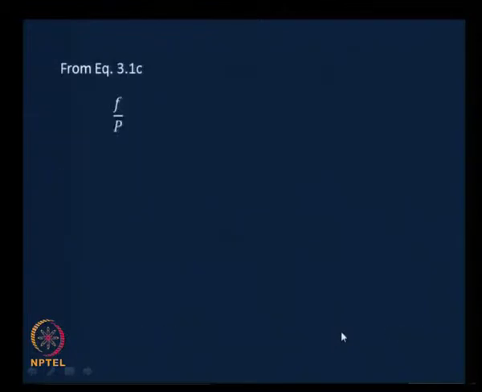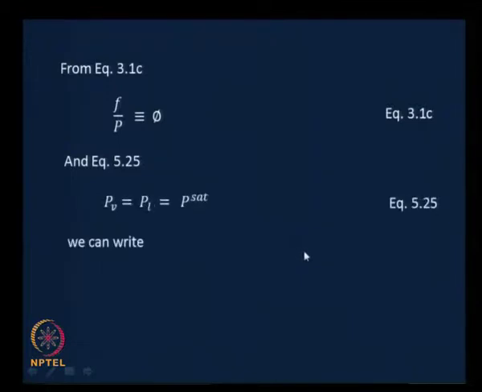From this and just the definition of the fugacity coefficient, we could write a relationship between the fugacity coefficient and pressure. Phi V Pv equals F sat, or in other words phi sat, phi V is nothing but the value at the saturated value under the conditions of vapor liquid equilibrium. Phi sat P sat equals F sat.